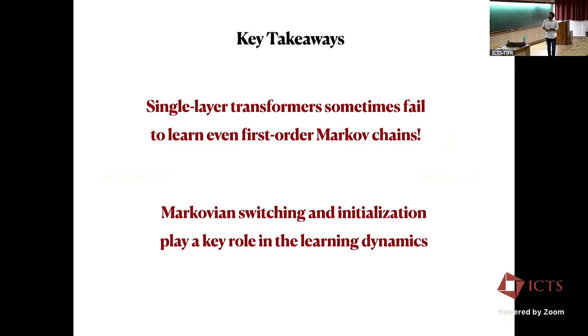We see why this happens, in particular how the Markovian data properties as well as the initialization of your gradient flow play a very key role in the learning dynamics, which translates to this surprising insight. That's the overall takeaway from this part.